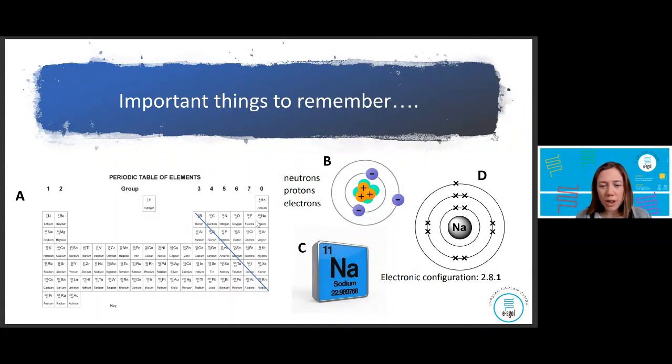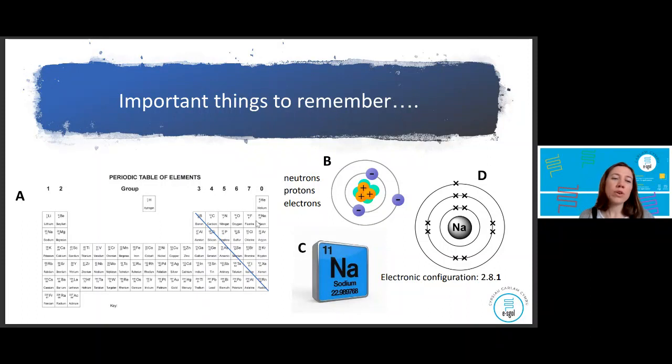And then you'll notice two numbers. The bigger of the two numbers, which on this one is 22.9, is the mass number. That is the number of protons and neutrons in the atom. And then the smaller number is the number of protons, that's the atomic number.